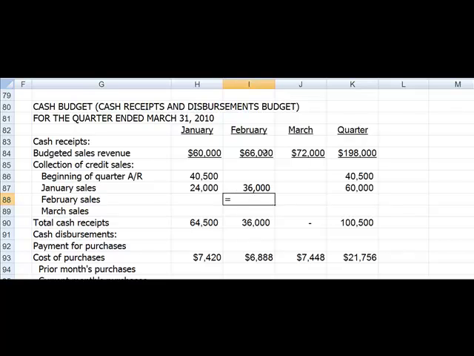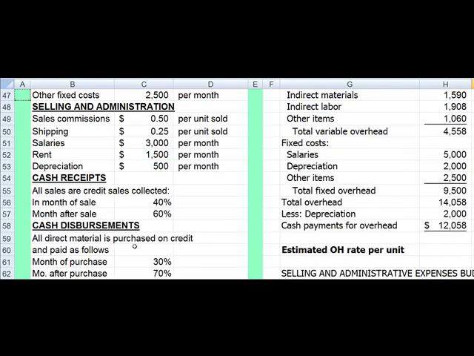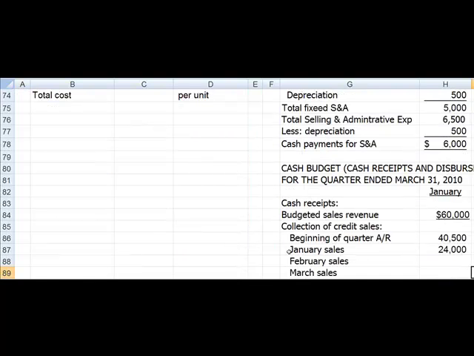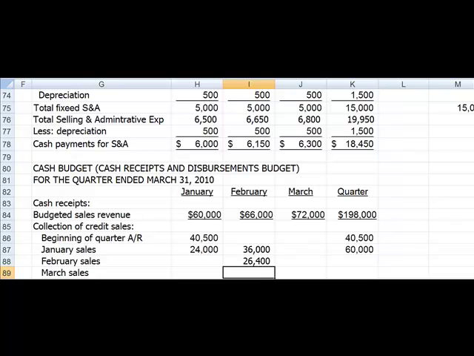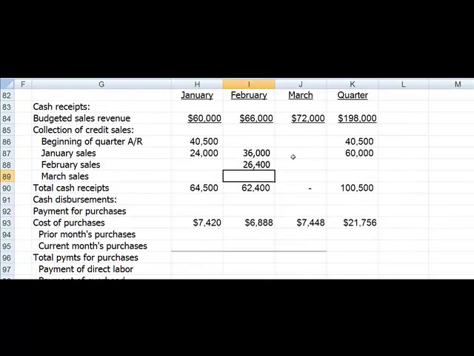So we start with our February sales times, back to our assumptions and up to 40%. Now the 40% has been collected in the month of the sale. Now the 60% or remainder will be collected in March.